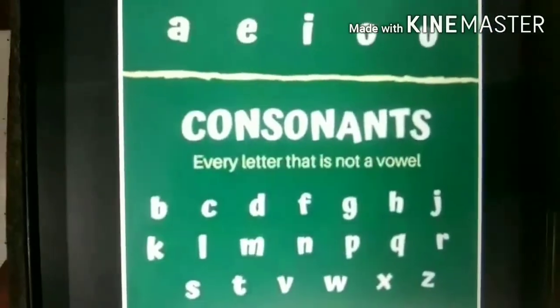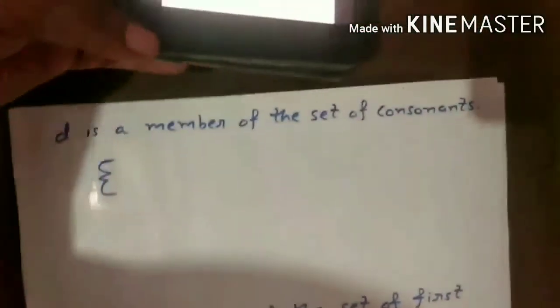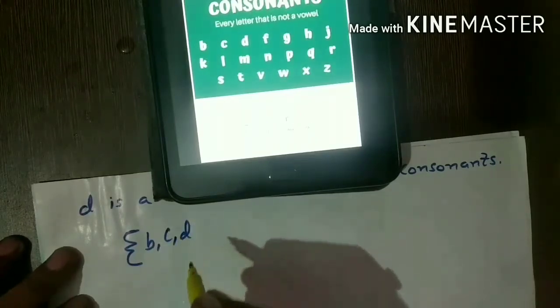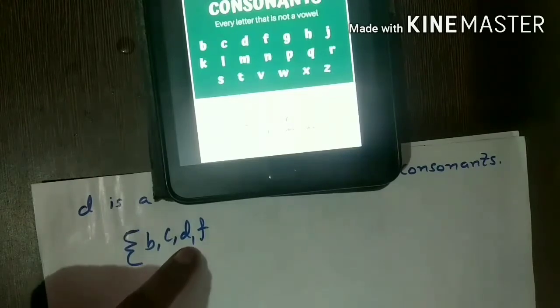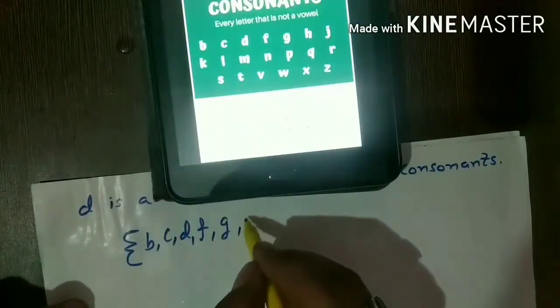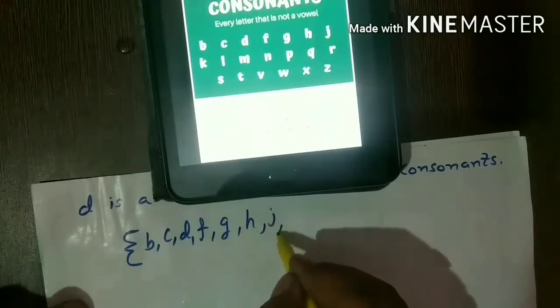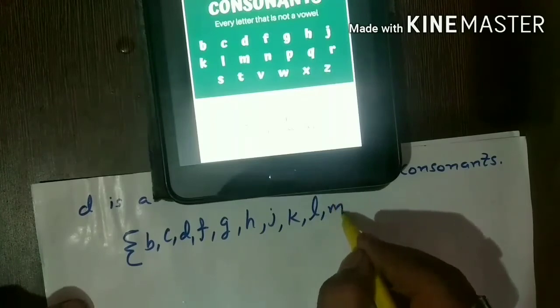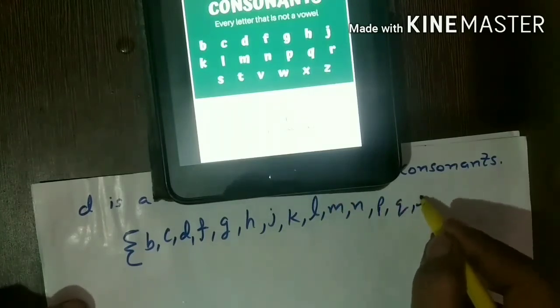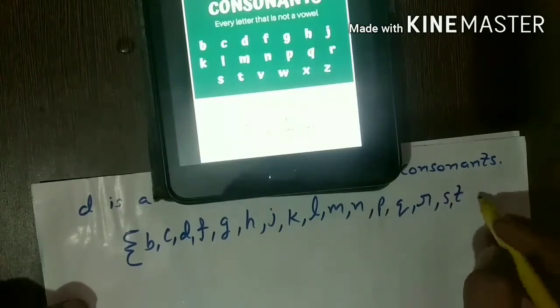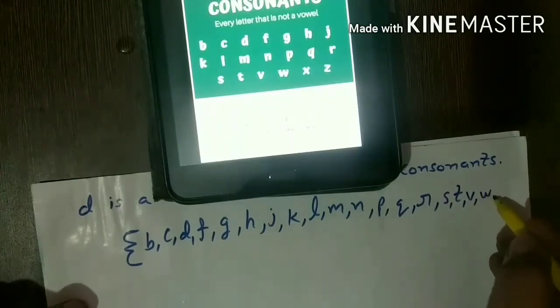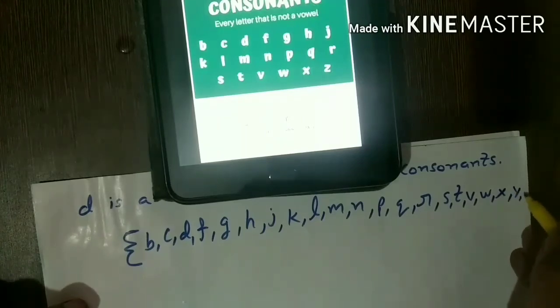B, C, D, F, G, H, J, K, L, M, N, P, Q, R, S, T, V, W, X, Y and Z. Students, I am writing all these from this picture.